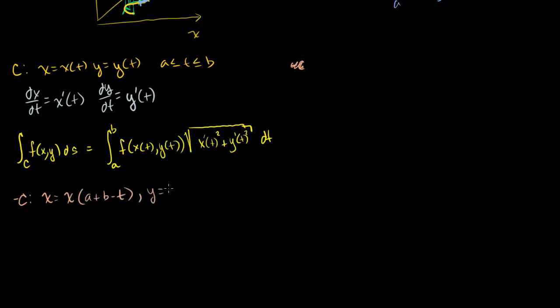Y is equal to y of a plus b minus t. And then t goes from a to b.